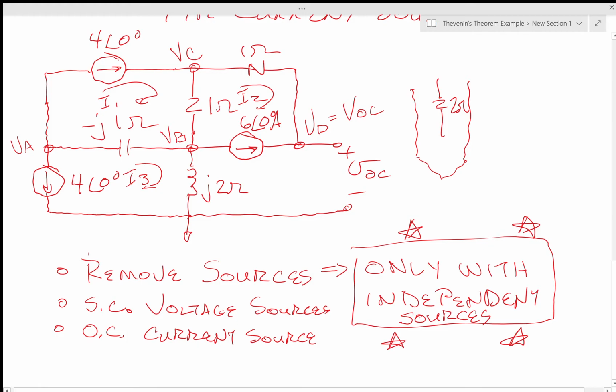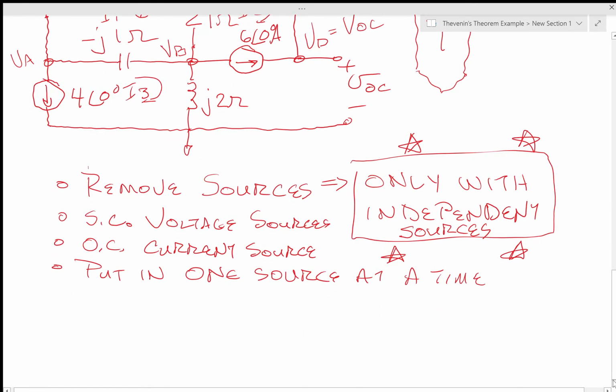And you solve for, put in one source at a time, and solve for the value you want each time.